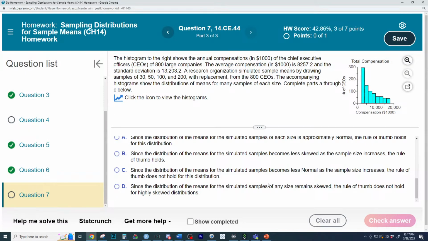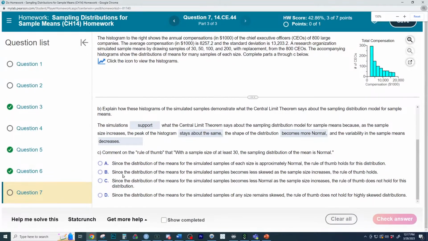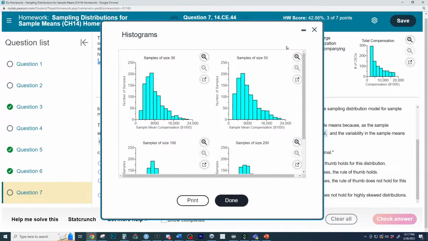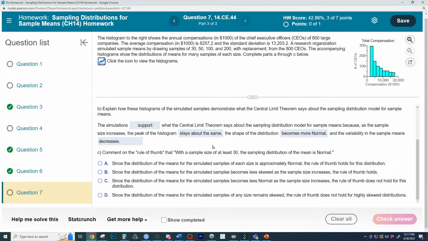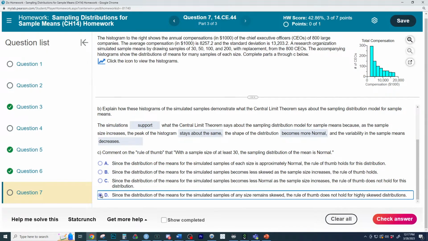Oh, one more. Comment on the rule of thumb that with a sample size of at least 30, the sampling distribution of the mean is normal. So that's not a real rule of thumb. At 30, it's not normal. The sampling distributions of the means for the simulation samples of any size remain skewed. Let's see here. This looks like our best answer so far.